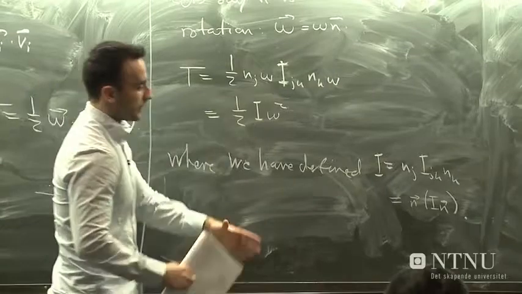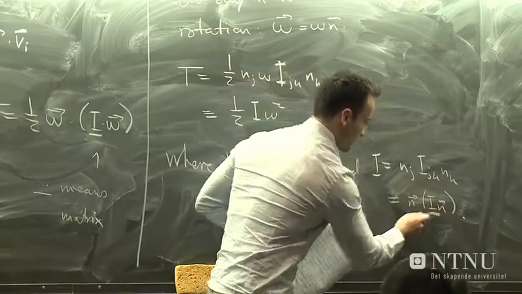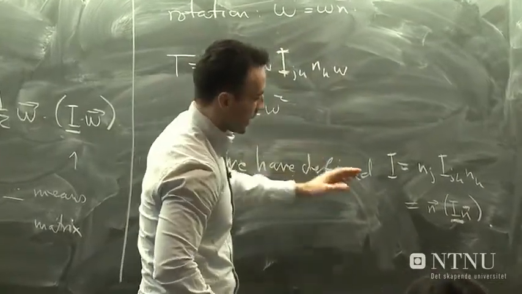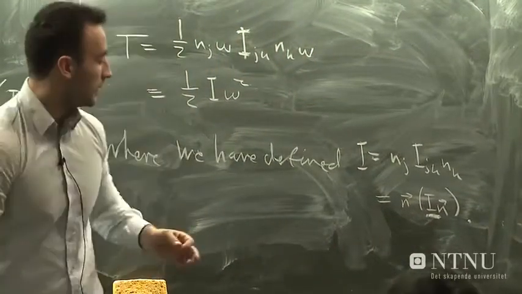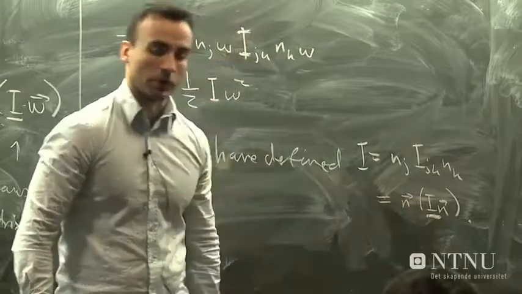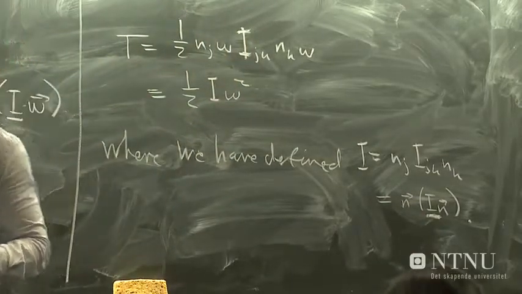So this quantity I, which should be under the bar here since it's a matrix, is given as the scalar product between the unit vector n and I n, where I underline is the matrix of inertia.